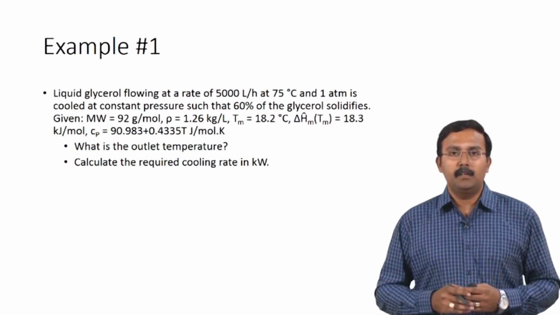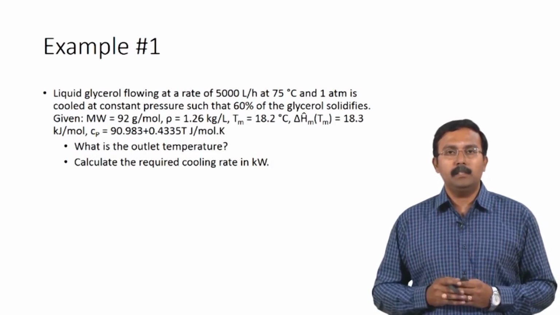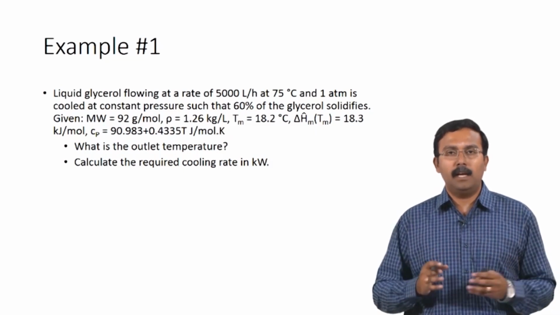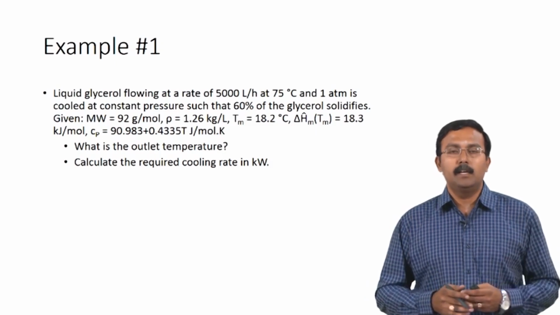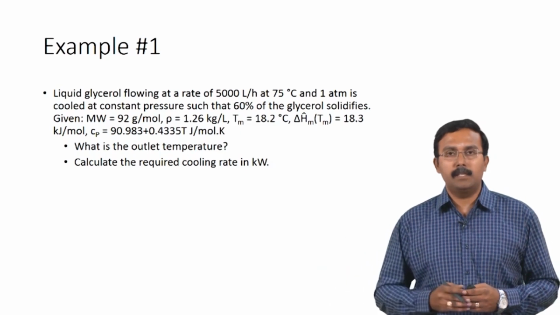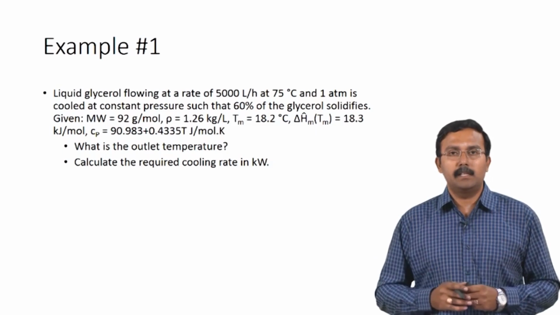For the first part, what would be the outlet temperature? Here we know that the outlet condition contains liquid. So, 40% of the glycerol which comes in actually remains in the liquid phase, while the other 60% has solidified. This means at this particular temperature, which is the outlet temperature, the solid and liquid are existing simultaneously.